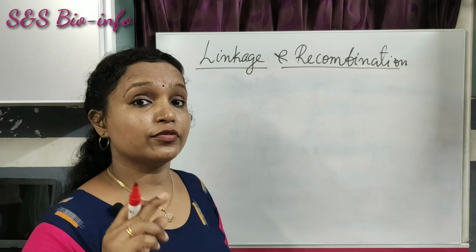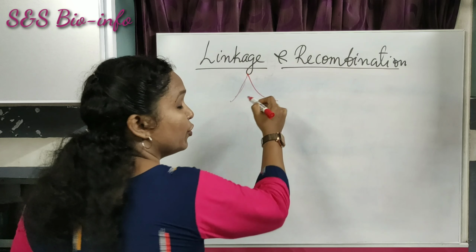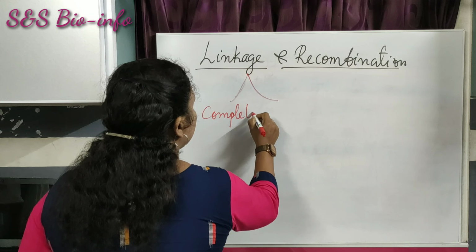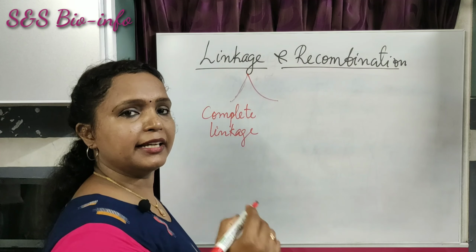Based on the nature of genes, linkage is of two types: complete linkage and incomplete linkage.